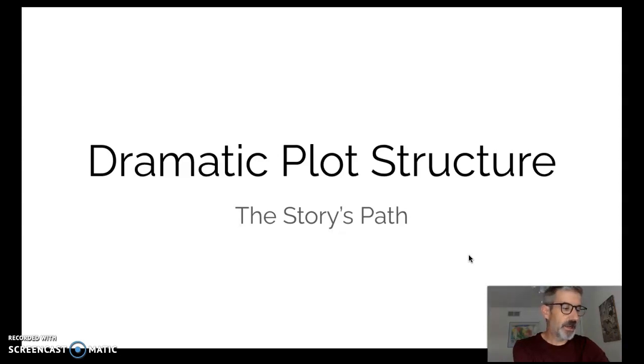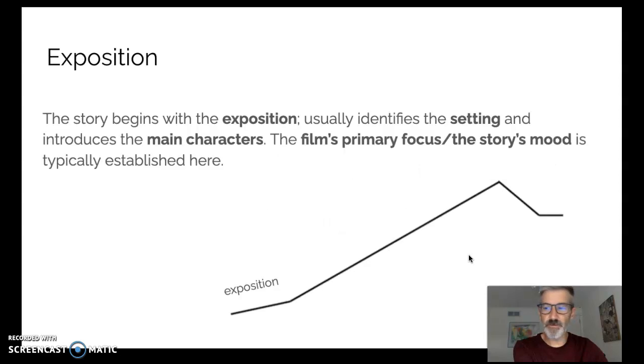It depends on what the author's needs and wishes are as to whether the director will do it in a linear pattern or a non-linear pattern. But regardless, the structure contains four really important parts. We're going to go over those today and then talk about how they fit together. First of all, and I'm hoping that you're writing these down, the first part is the exposition.